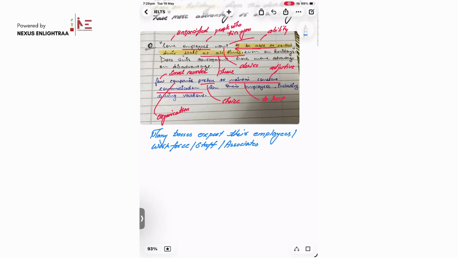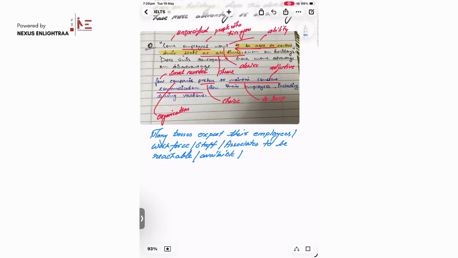And then what does it say? At all times. So many bosses expect their employees to be reachable or available, right?